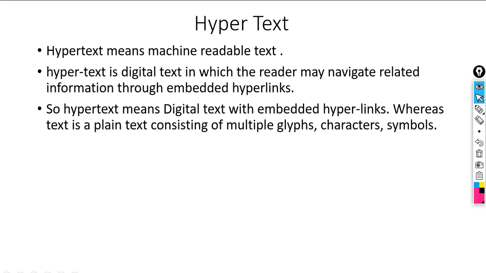Hypertext is nothing but a text, or we can say digital text or machine understandable text, with embedded hyperlinks through which the user can navigate information. What is the difference between hypertext and normal text? Normal text is a set of characters, but hypertext is a text with embedded links.